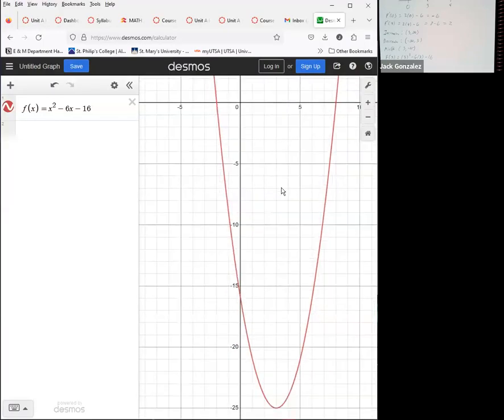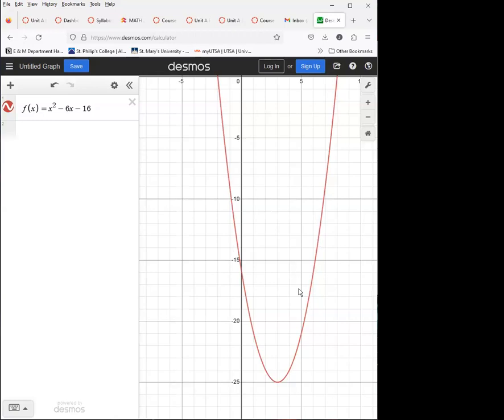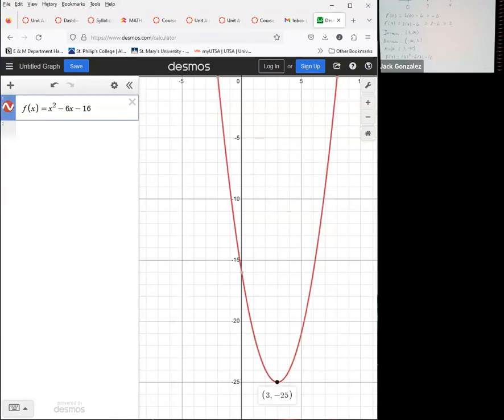Can you guys see the graph here? Yes, Professor. So here's the minimum. As you can see, from left to right, we're going down, all the way down. Then right after this, we start going up.